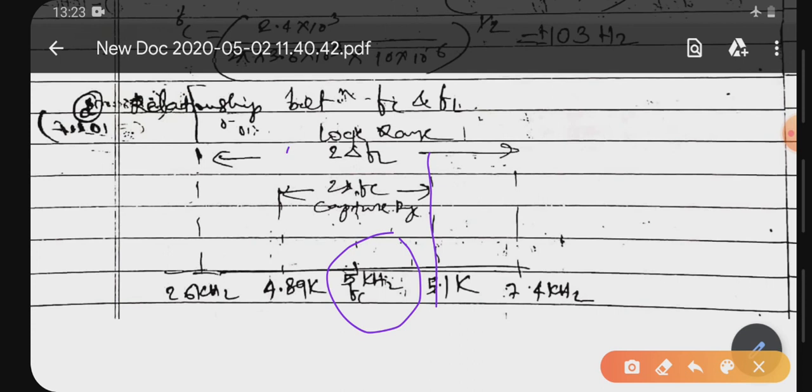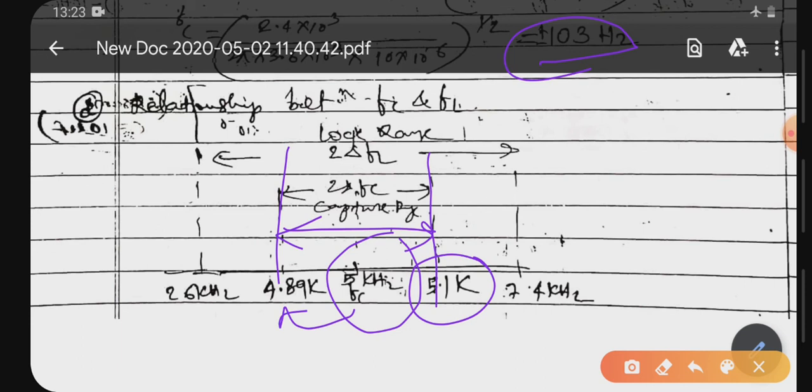Upper edge and lower edge of the capture range, this is the capture range with plus minus values. Okay, we have added 103 with 5 kilohertz, so you will get 5.1 kilohertz. Here we have subtracted 103 hertz, so we will get 4.89 kilohertz.